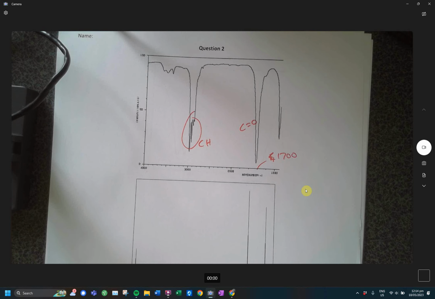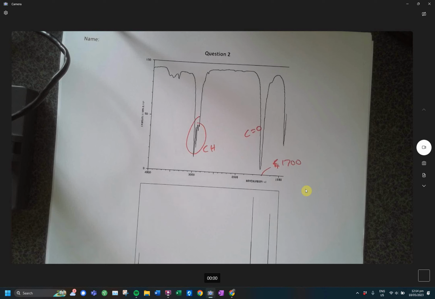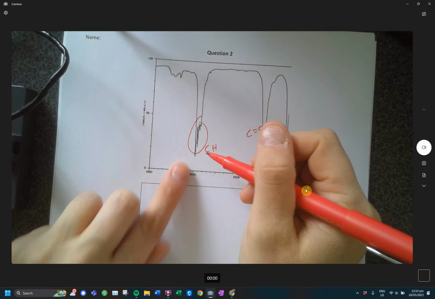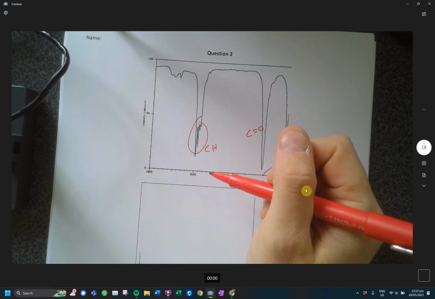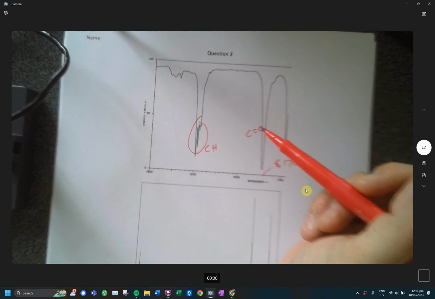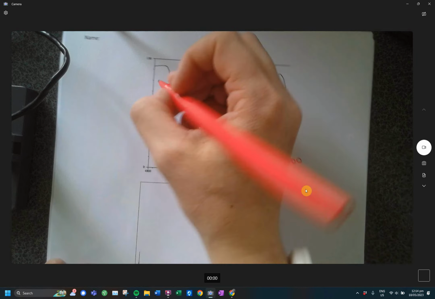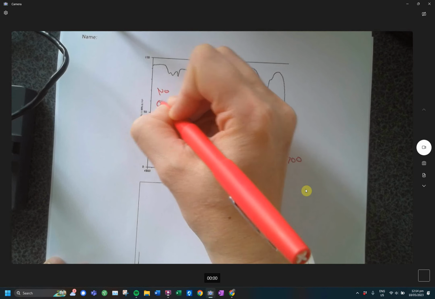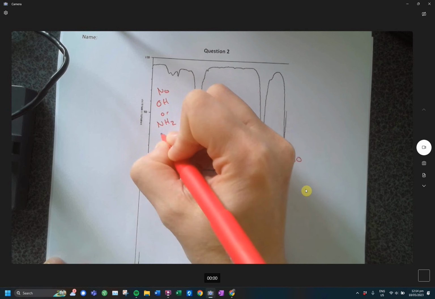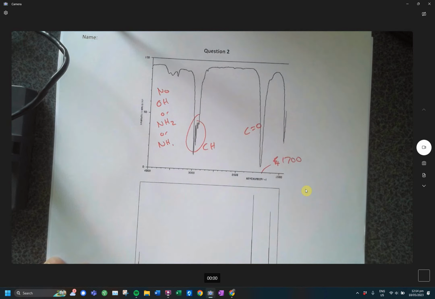No. And if you're not sure, we can look at the other ones as reference points. So we know what an alcohol looks like. It's very rounded. Also, if it was a carboxylic acid, it would have crashed into the CH. We know it's not an amine. So it'd be an alkene or a ketone. So no OH or NH2 or NH1.